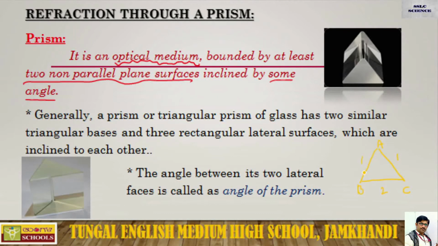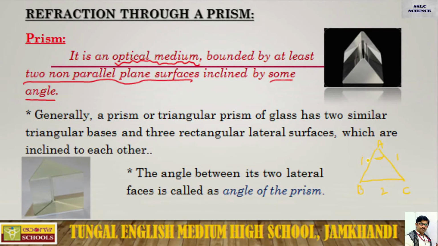What I mean to say is at least two non-parallel surfaces are inclined by some angle, like this. If you are considering ABC as a prism, AB and AC are the two non-parallel sides, inclined by some angle.